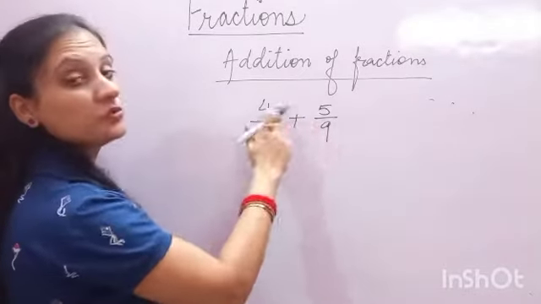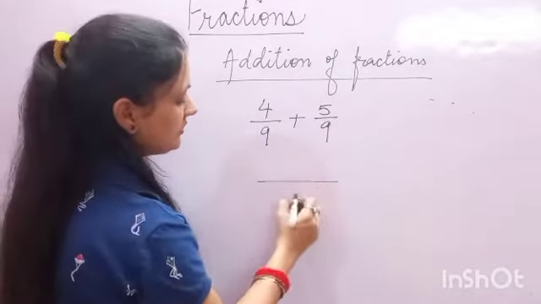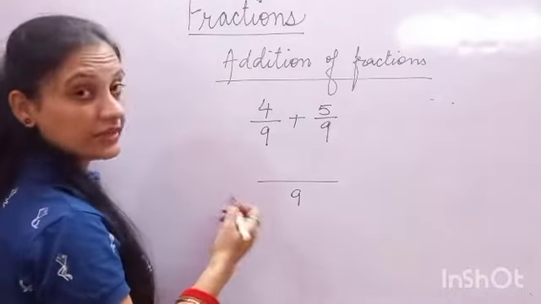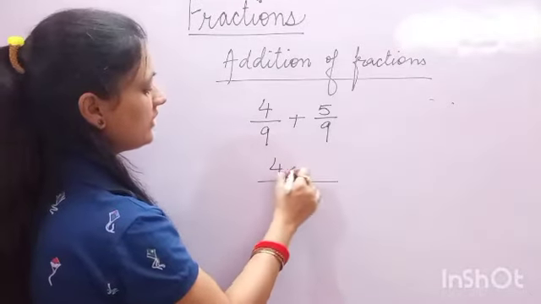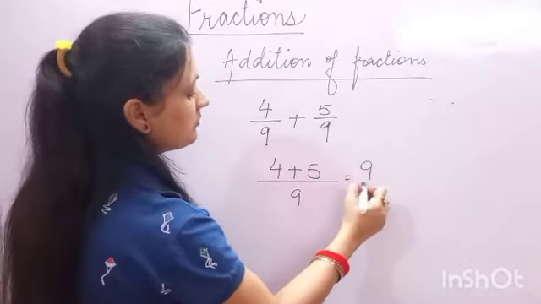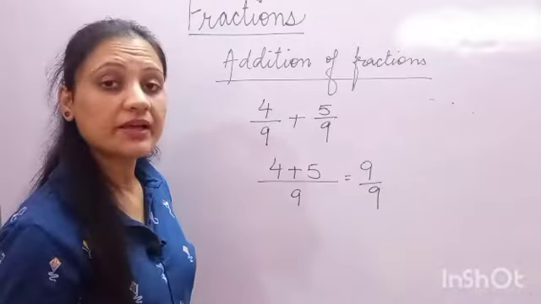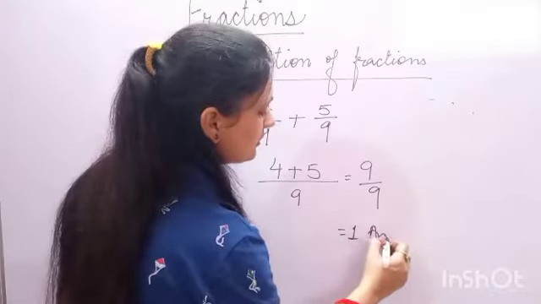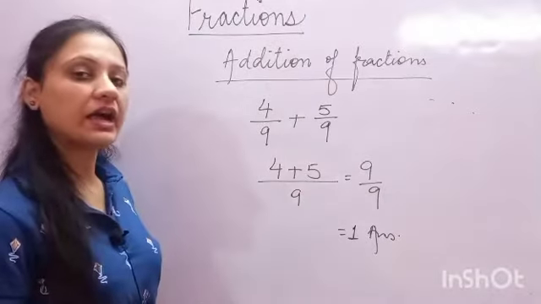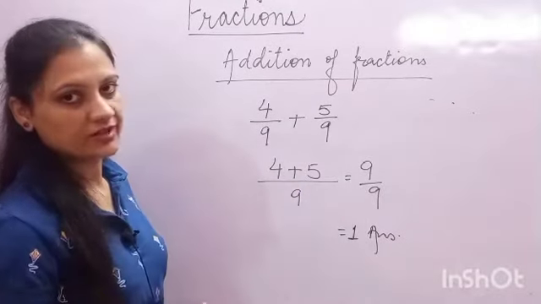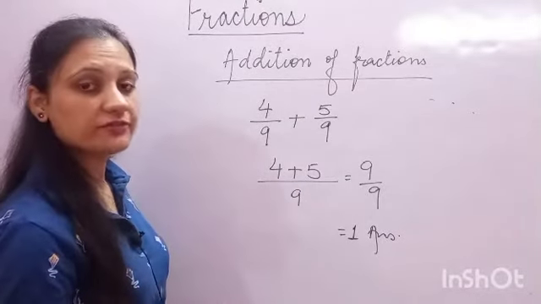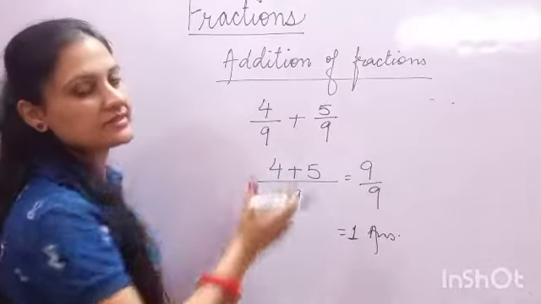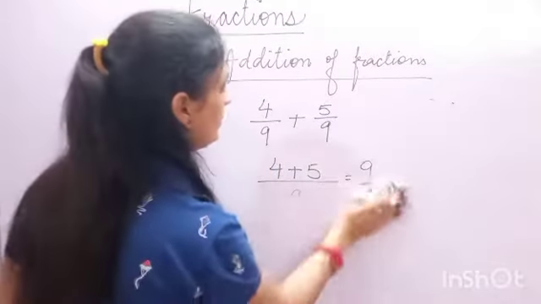Just add the numerators, right? Write down 9 because they are like fractions. Then 4 plus 5 gives you 9 by 9. And what is 9 by 9? 9 by 9 is 1. So our answer is 1. This is how we add like fractions. Similarly, we subtract like fractions also. Only numerators get subtracted. Okay.